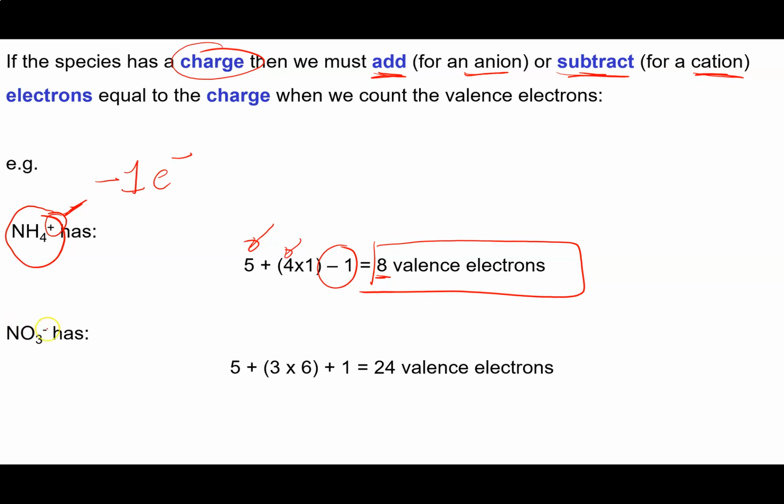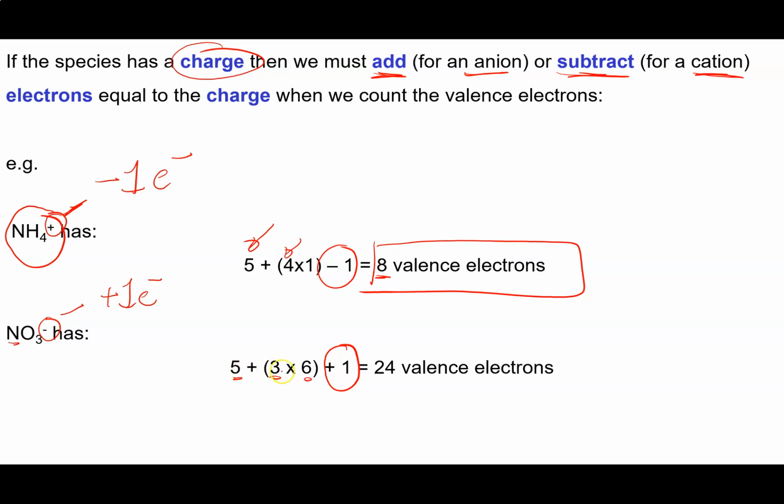So here's nitrate, it's got a -1 charge, so that means I'm going to add 1 electron into the electron count. So again, I got 5 electrons for the nitrogen because nitrogen's in group 5A. I've got 3 oxygen atoms and they're in group 6A, but then here's the kicker, I add in an extra electron to take into account for the -1 charge.